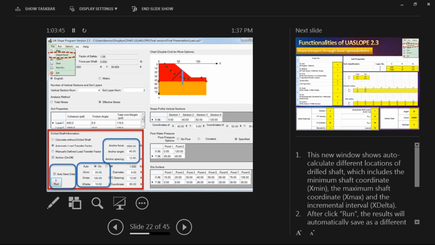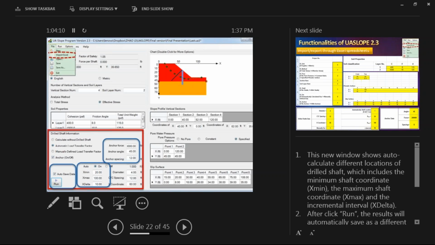So in this example, you can just start 20, and then next one will be 30, and 40, 50, and so on and so forth. The computer will run all these cases in one computer run, and then provide those output into the output file. So it becomes very convenient for engineers to look at the influence of location of the drill shaft on your design.